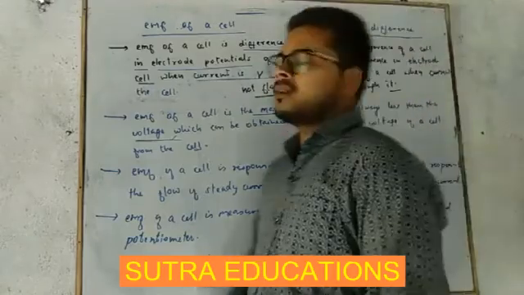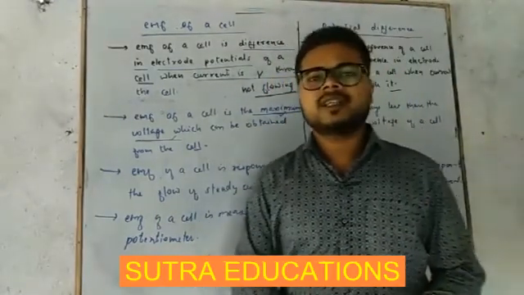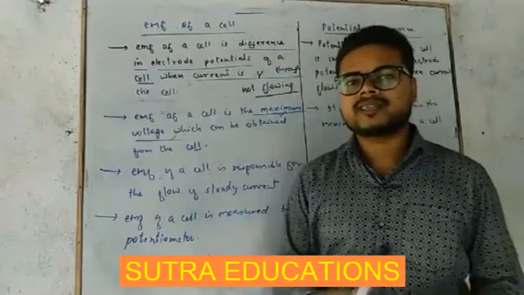So this is the difference between EMF of a cell and potential difference of a cell.